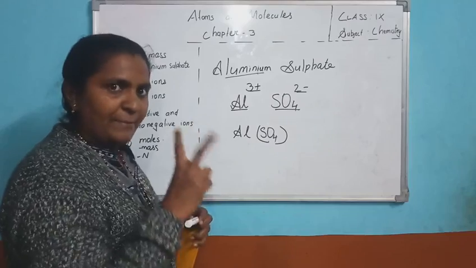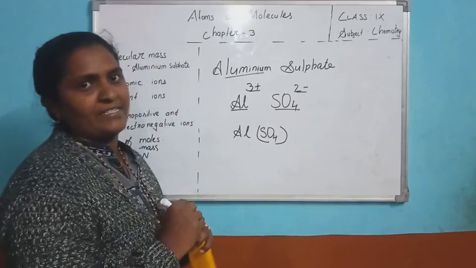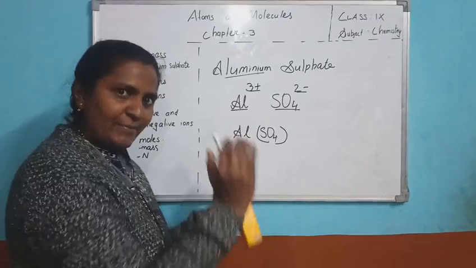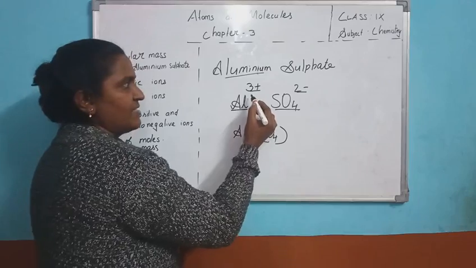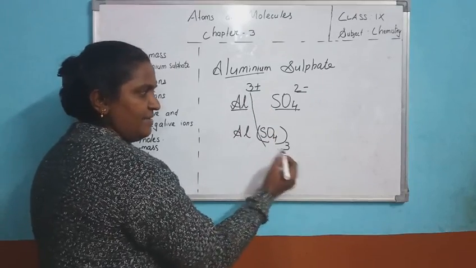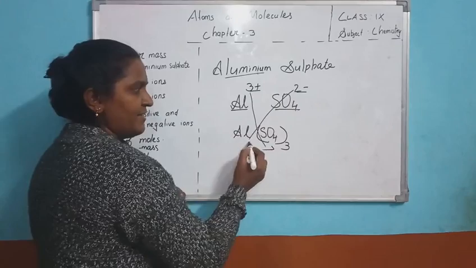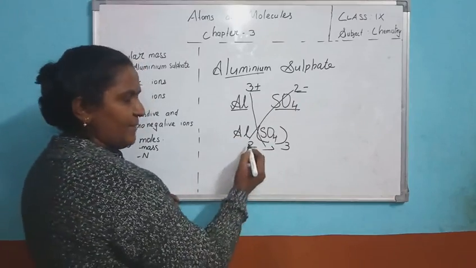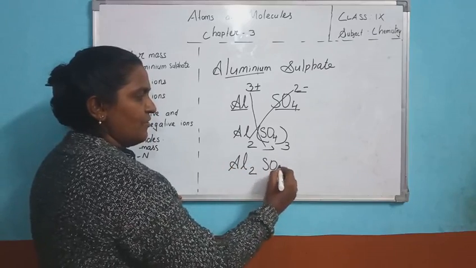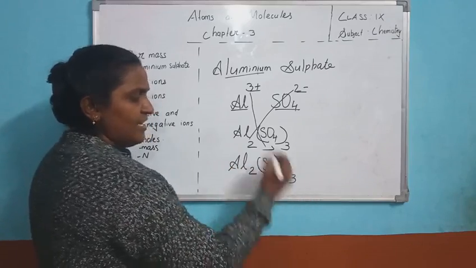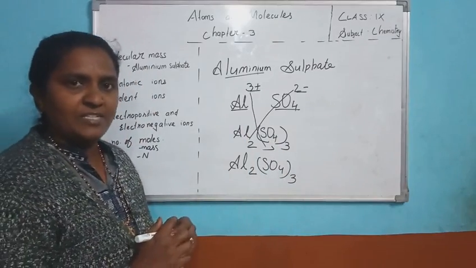If more than one capital letter is there, you put those radicals in a bracket. Now crisscross. You know what is crisscross? This 3 you write this side and this 2 you write this side, at the base of aluminium. So at last you will get Al2(SO4)3. This is the formula of aluminium sulfate.